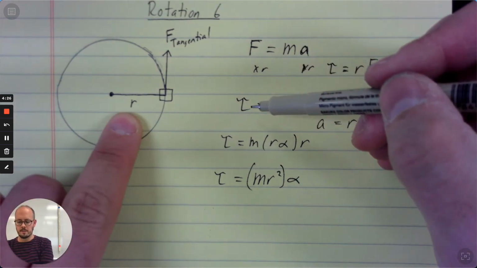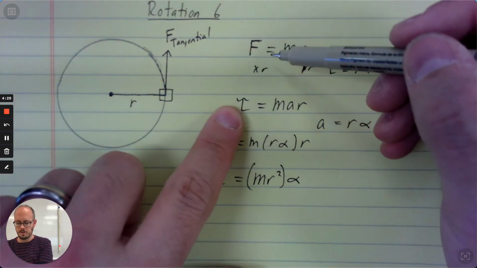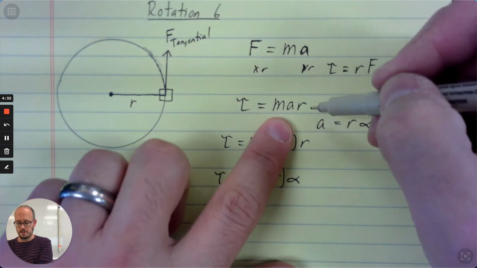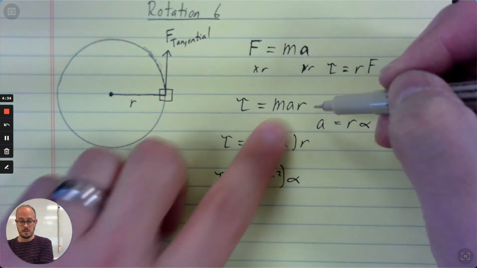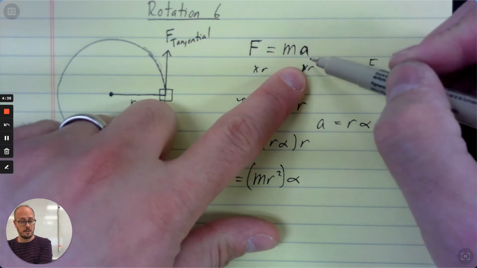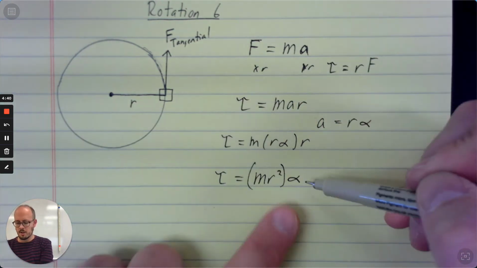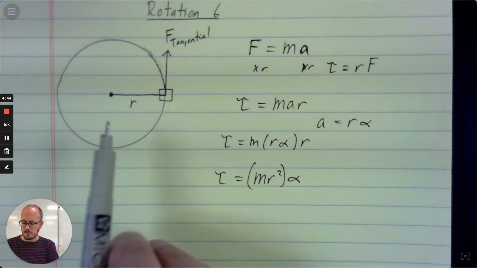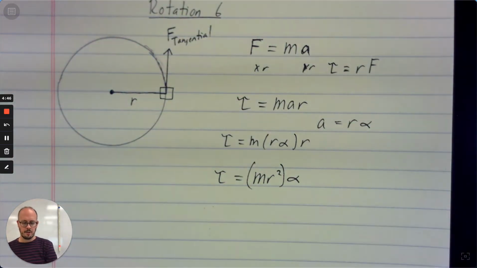If I know that distance, I can multiply that force times r and get the torque. And if I do the same thing to the other side, I get what that torque does. The net force causes an acceleration. The torque causes an angular acceleration. It's a particle moving around in a circle, but it still counts as rotation.